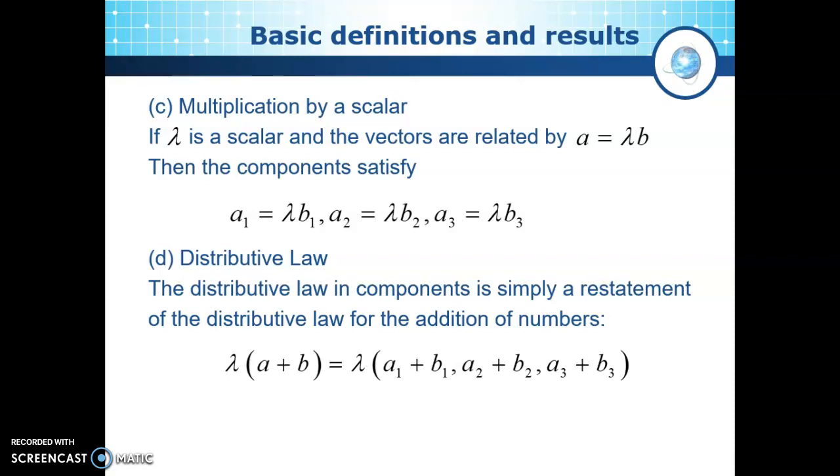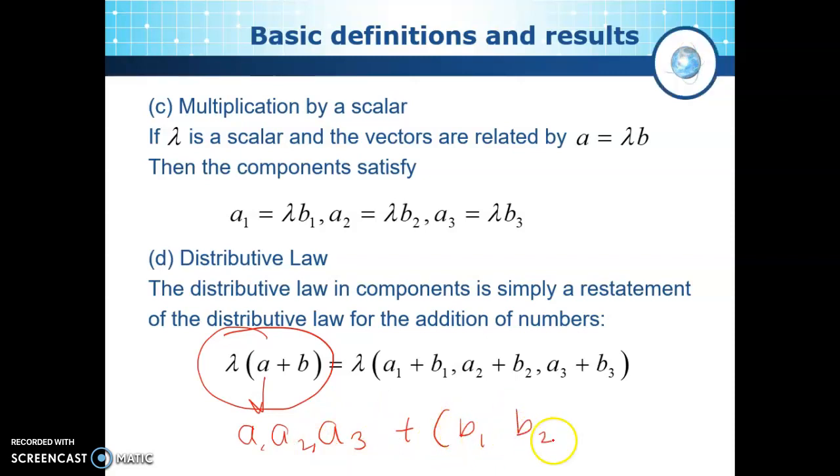Okay, and then this is the distributive law. Lambda times A plus B, let's say we have this equation, so we just expand it because A is A1, A2, A3, plus B1, B2, B3.